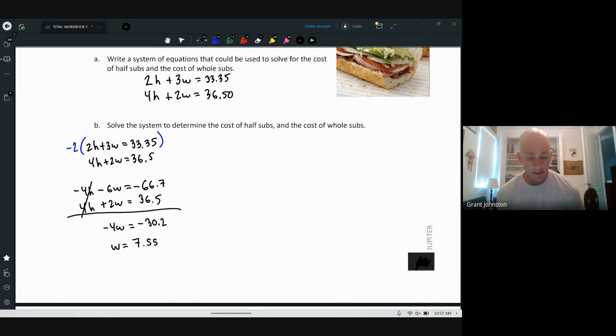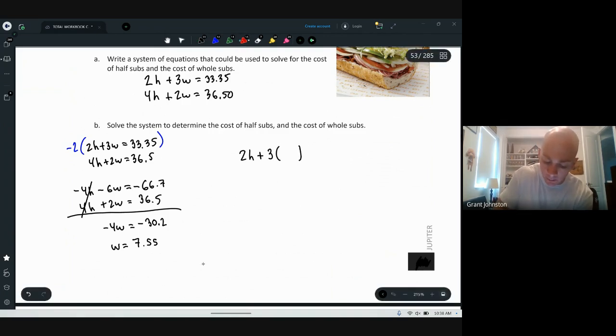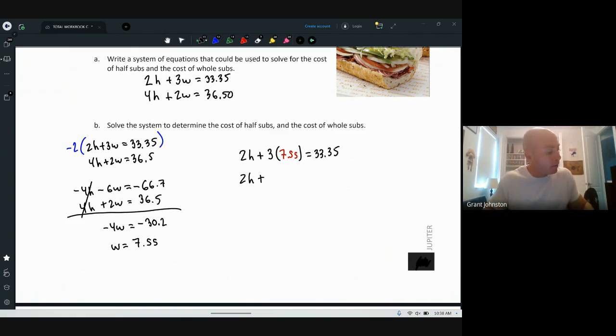Now let's get the half subs. So I'm going to plug in 7.55 for W. I'm going to do it on the first equation. So I'm going to have 2H plus 3W, which is 3 times 7.55, is 22.65.